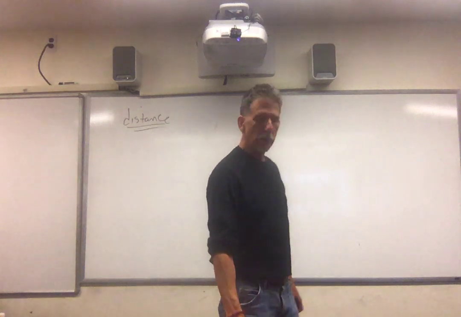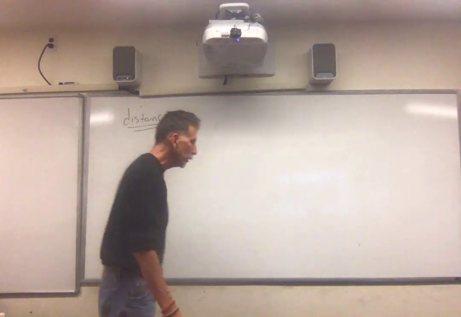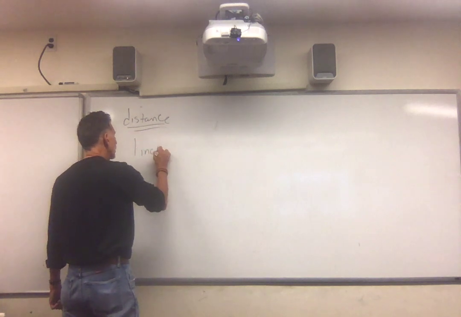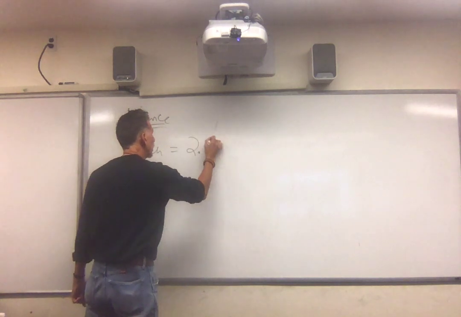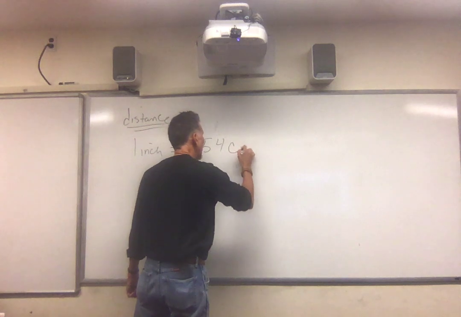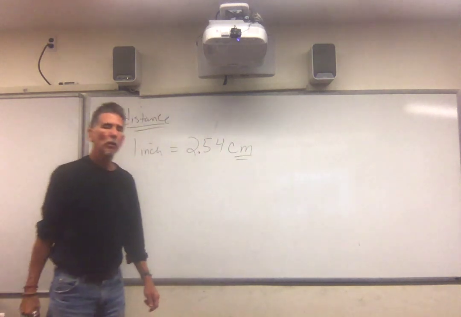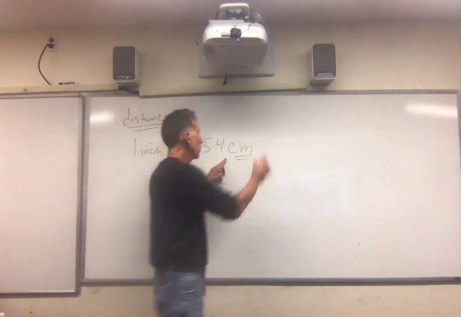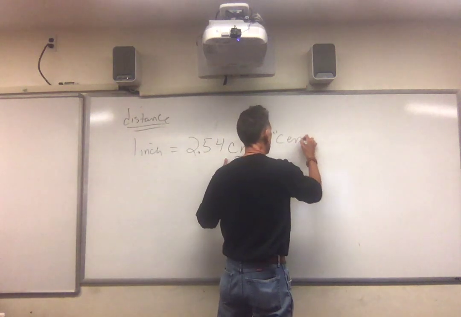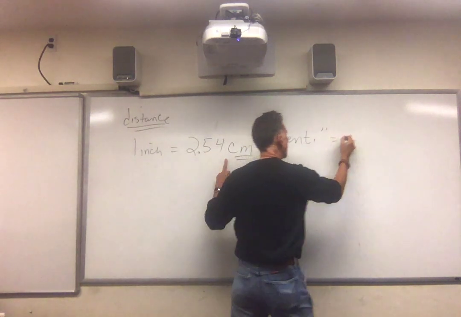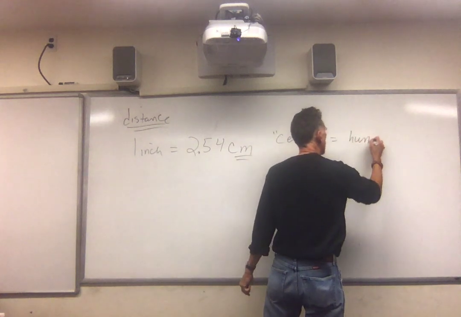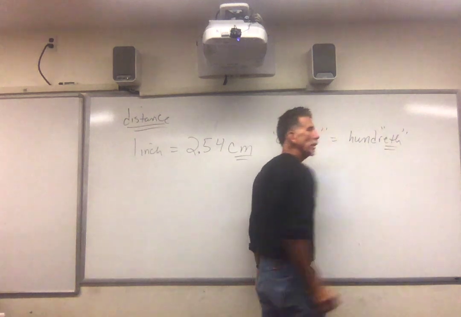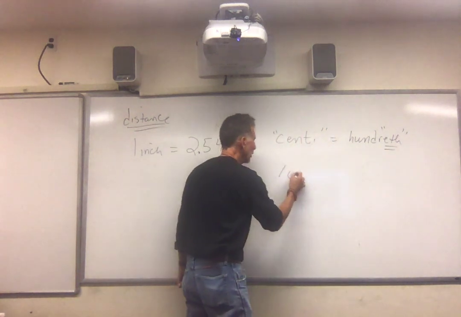One of the conversions the textbook gives, the simplest one, is inches and centimeters. 1 inch is equal to 2.54 centimeters. What is a centimeter? Well, centi means hundredth. It's like if you have 10 cents.